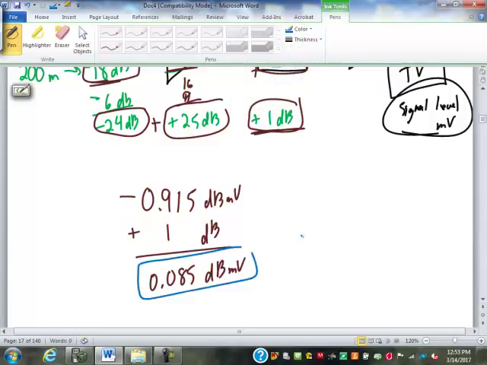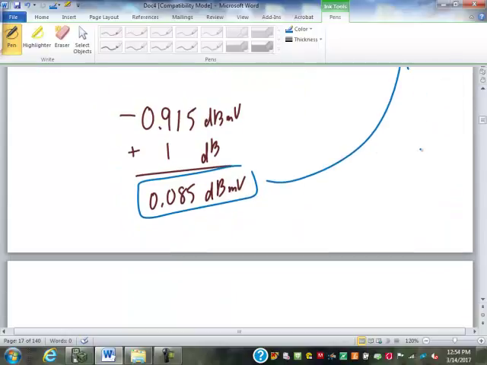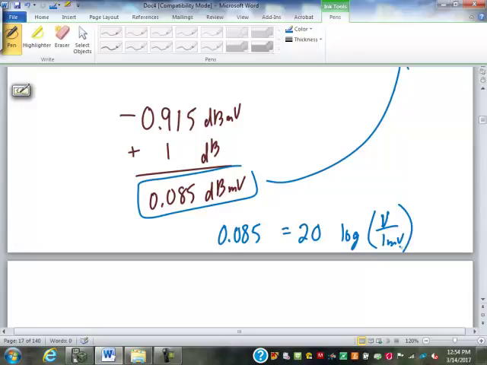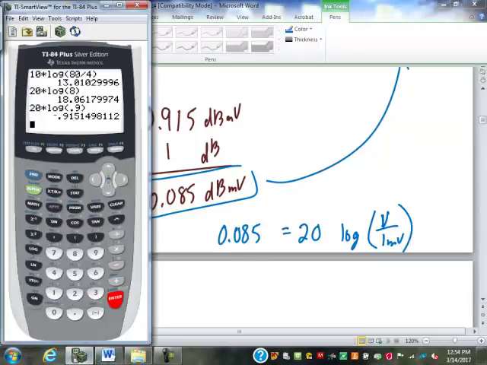So this needs to be converted back to a signal level, to volts. So 0.085 dBmV equals 20 times the log of our voltage over 1 millivolt. It's actually 0.0848.